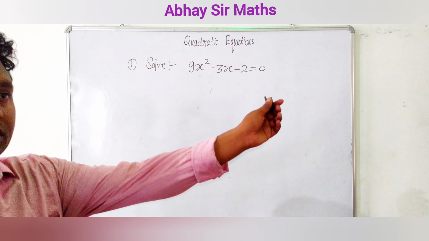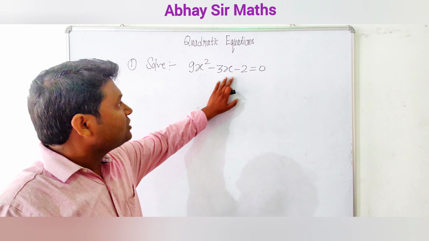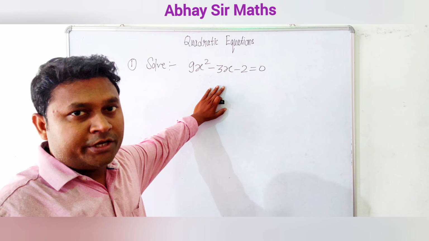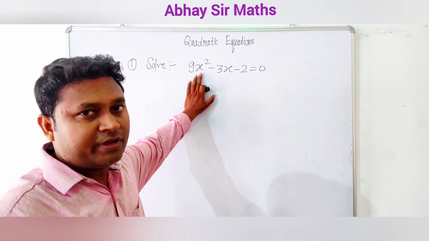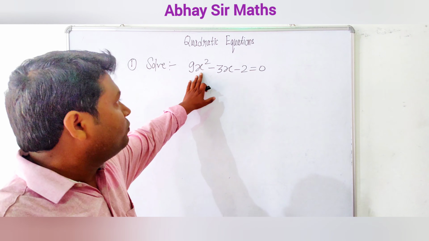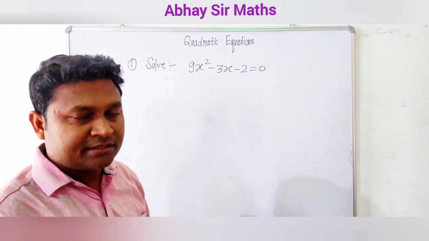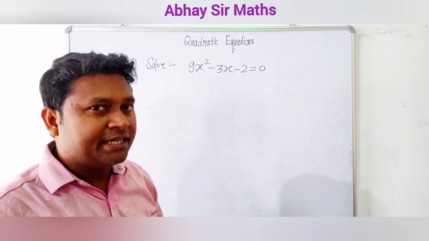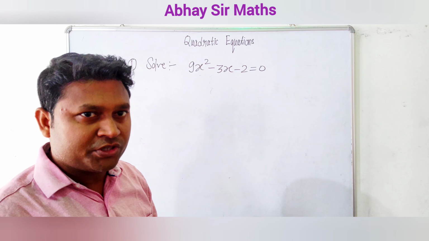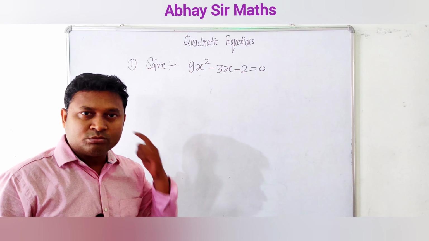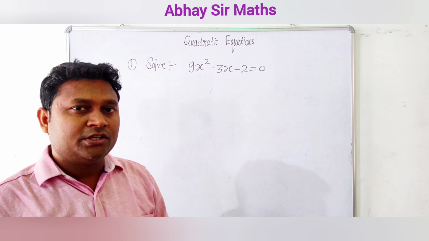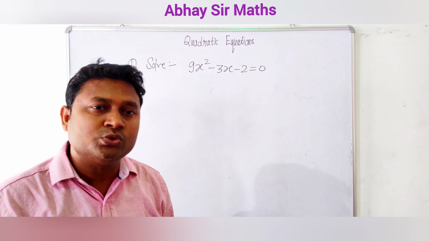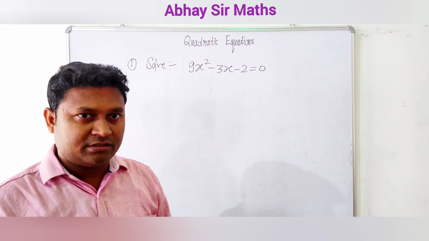Solving a quadratic equation means finding the values of x. We will have two values of x, which we call the roots of the quadratic equation. In class 8 or even class 9 you might have studied these things. The first way to solve is using factorization.